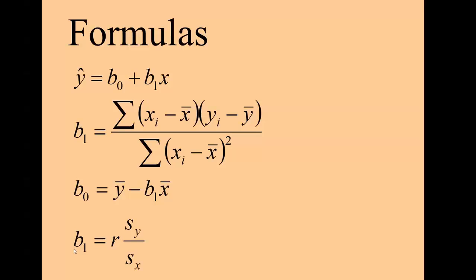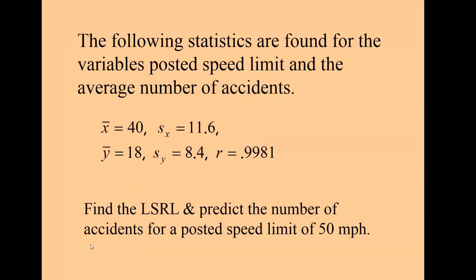And then another way to calculate the slope, a little bit easier than this one, is if I know the correlation coefficient and I know the standard deviation of x and y, then I can set it up in this equation and solve. Okay, so we're going to be given this summative data, and we're going to find the LSRL based on that summative data.